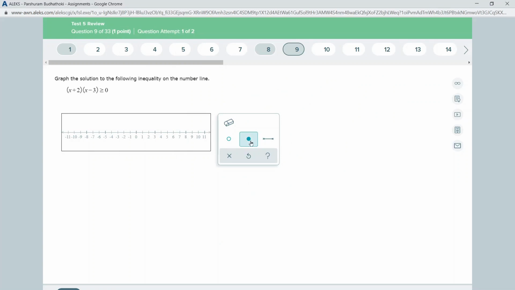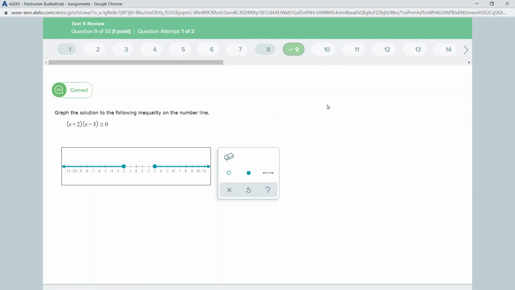So we need -2 here, and we need positive 3, and then after that we have to choose this one. So you can see that my answer is this part and this part, including -2 and positive 3. Okay, let's check it.